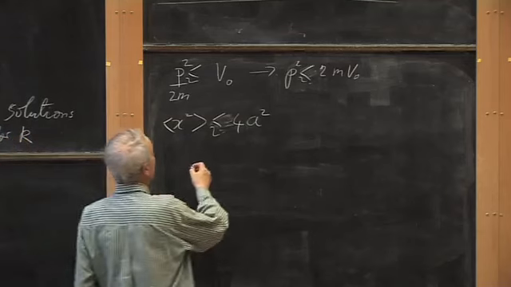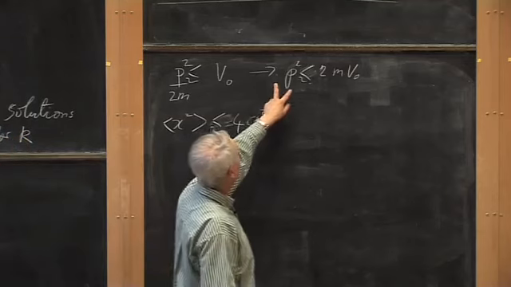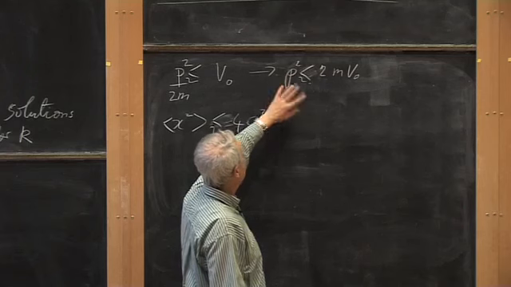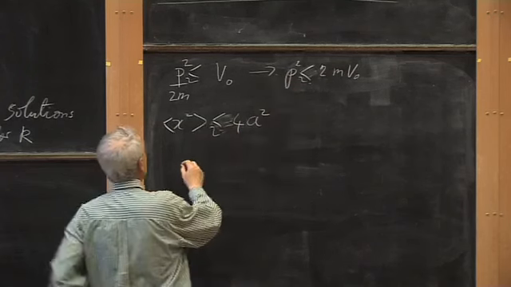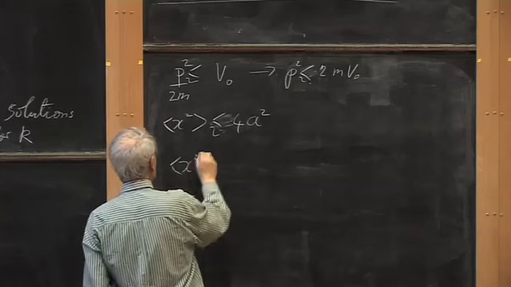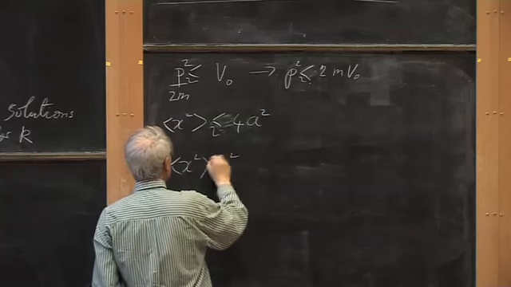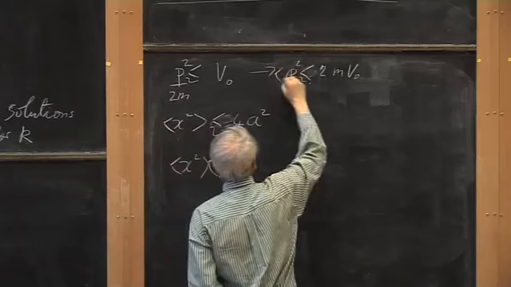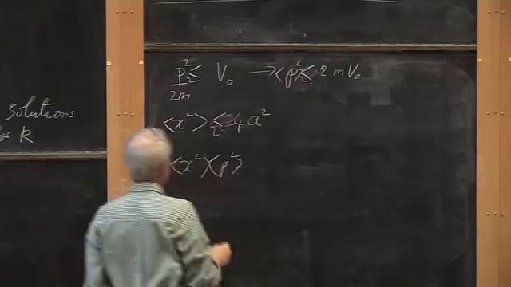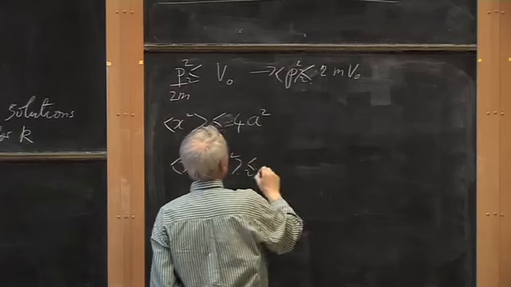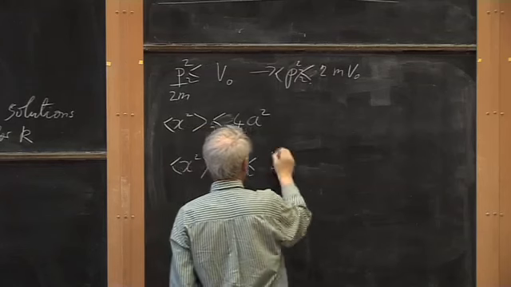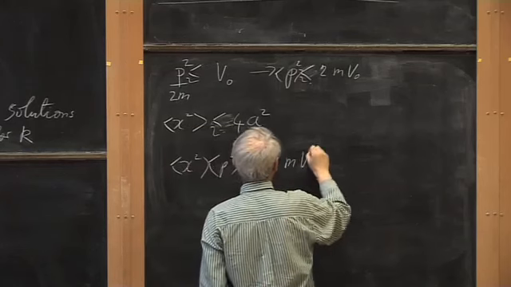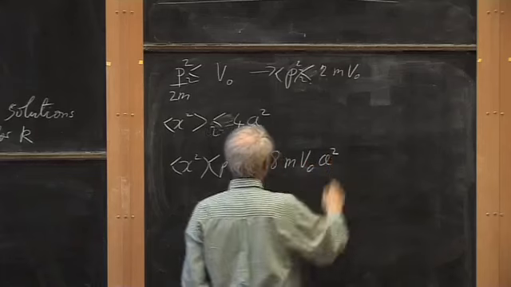So what does that give me? We have that x squared p squared, I can put expectation values around that too, I think, is less than on the order of whatever it is, 8m V0 a squared.